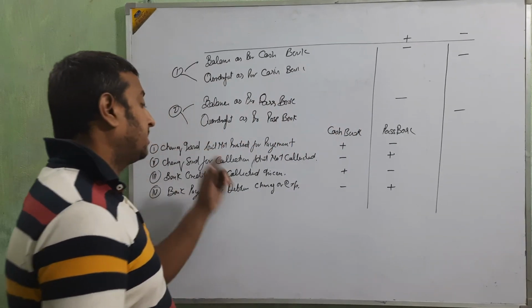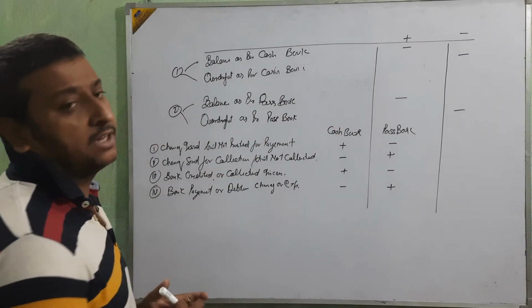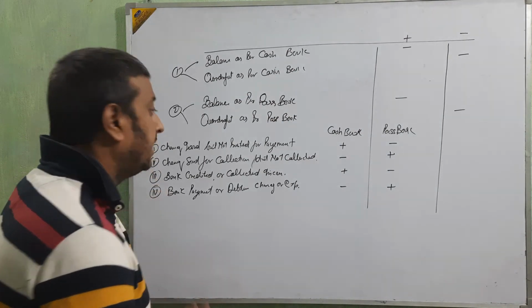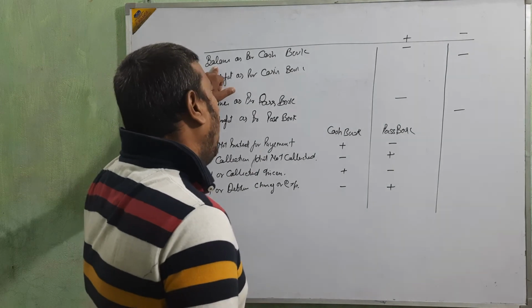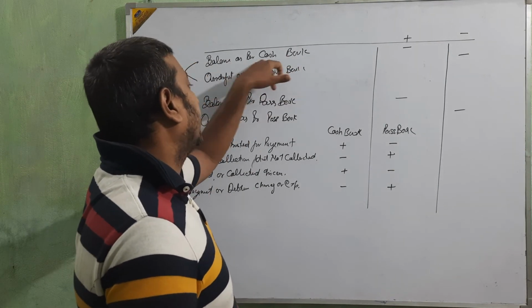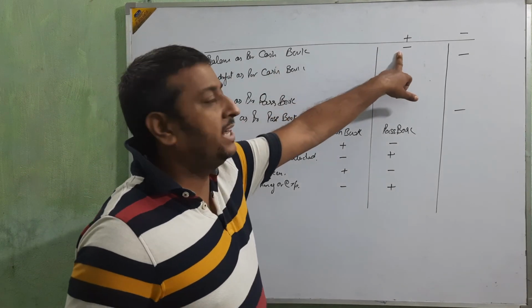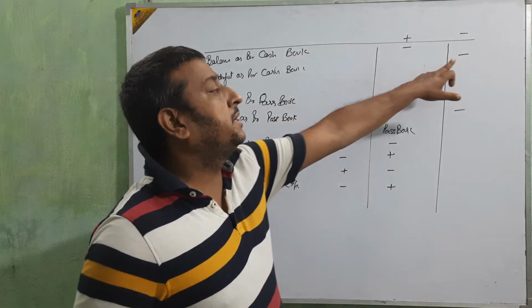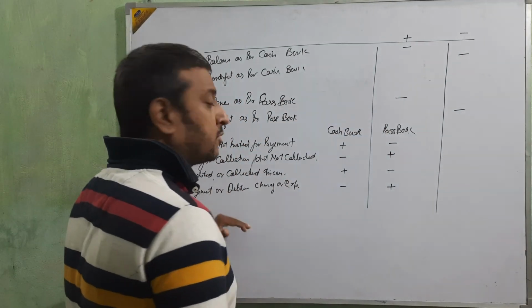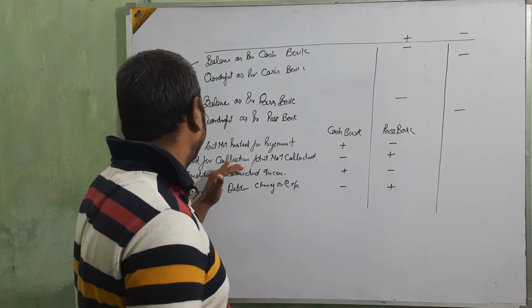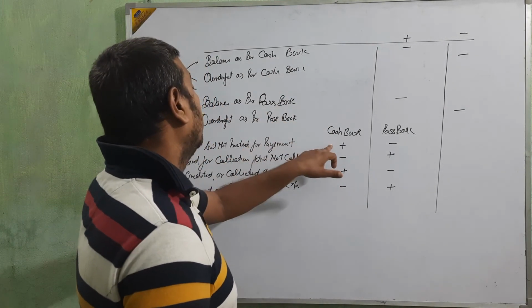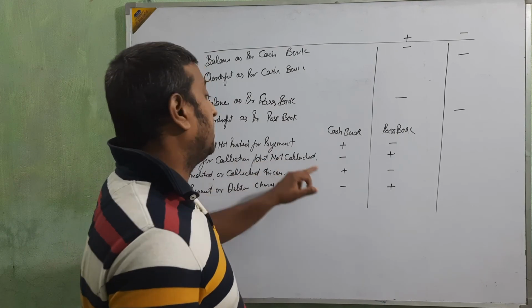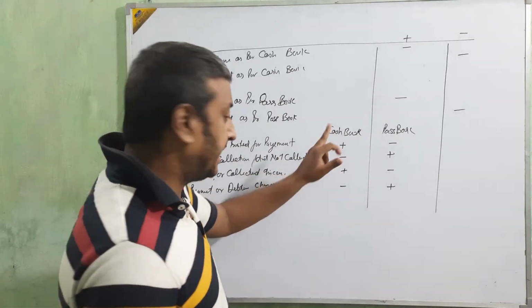Okay, on the basis of these four only, by utilizing these four, we can solve all the questions, beta. In the case of cash book, the balance we present here, but overdraft we present on the minus side, and then utilize these rules. If a cheque sent for collection is not collected, less in the case of cash book, but a cheque issued but not paid, add in the case of cash book.